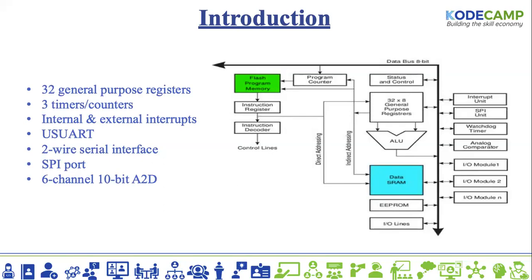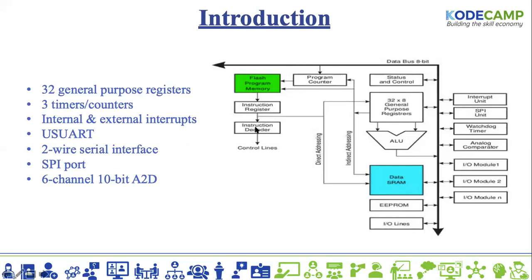Then it has 32 general purpose registers of 8 bits each, about 32 of them on board. It has an interrupt unit, an SPI unit, a watchdog timer, an analog comparator, IO module 1, IO module 2, and IO module N, and the IO line, and a whole lot of stuff.